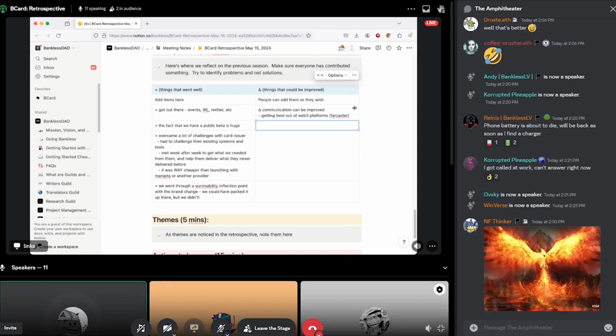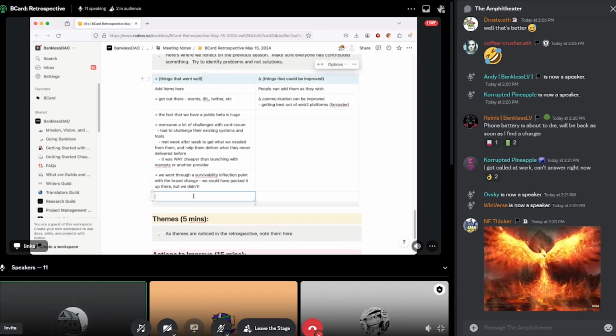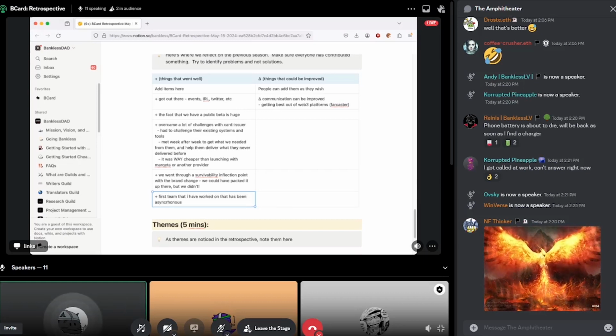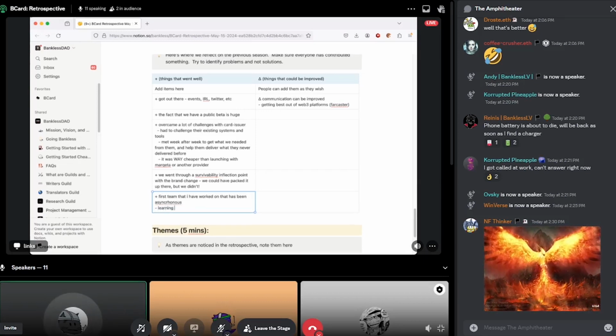From a personal perspective, one of the things I am most excited about is that this is really the first team I have worked on that has been asynchronous, and just learning the tools that are out there to support a team like that. All of the pieces and software that we have been able to implement, like Asana, like Tally, like all of the Notion pieces.